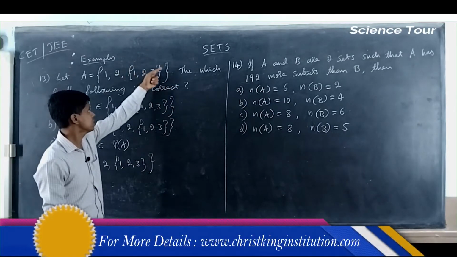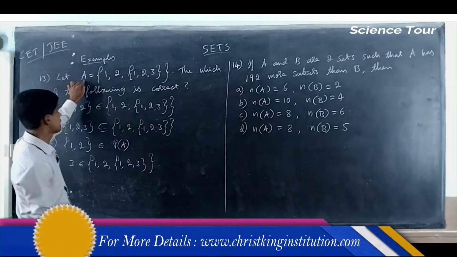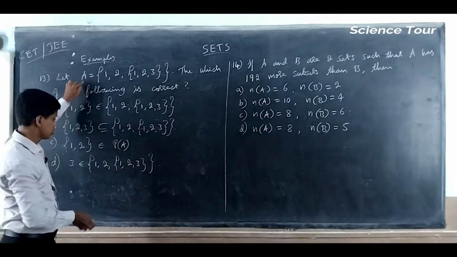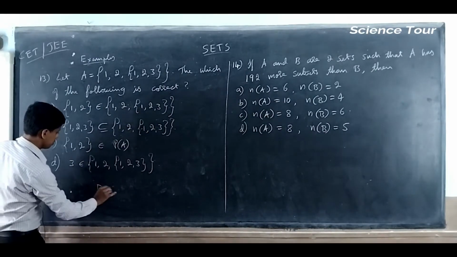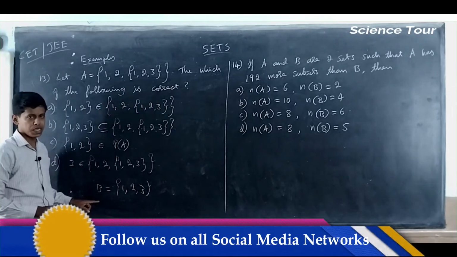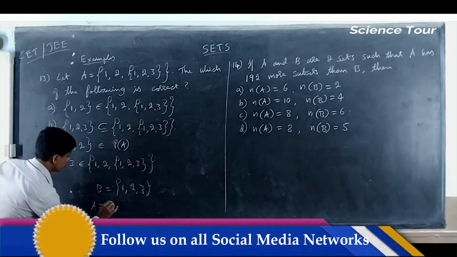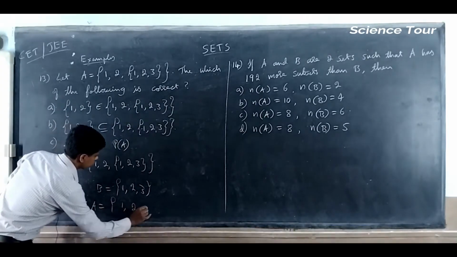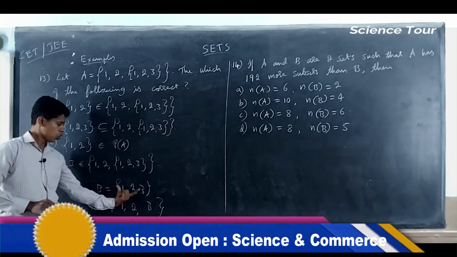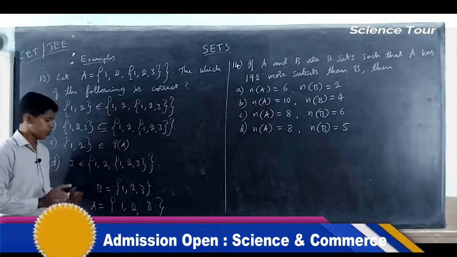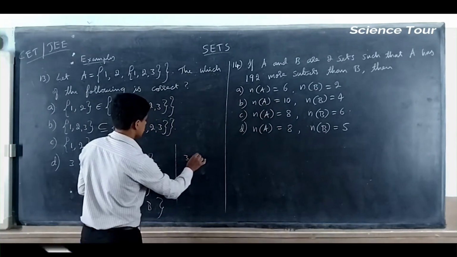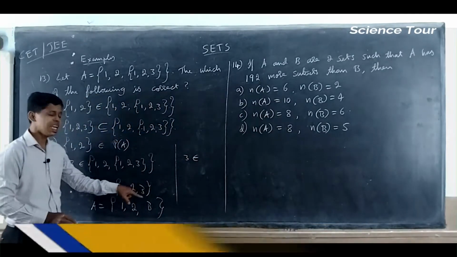So this is an element of the set A. The set 1, 2, 3 is an element of A. So if I just name the set 1, 2, 3 as B, then A would be 1, 2 and the set B. So B, the whole set, is just an element of A. Make this very clear. You can say that 3 is an element of B.